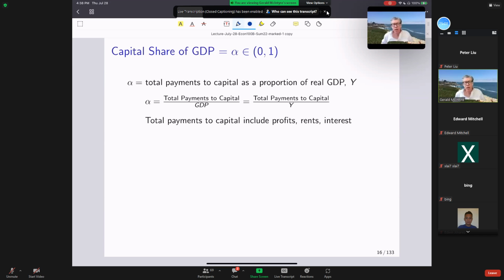Okay, payments to capital are payments due to ownership of some factors of production, land, capital, or financial funds. Okay. It turns out in the United States, the capital share of GDP is about 30%. Okay, alpha that is about 30%. Capital gets paid about 30% of overall national production, 0.30.